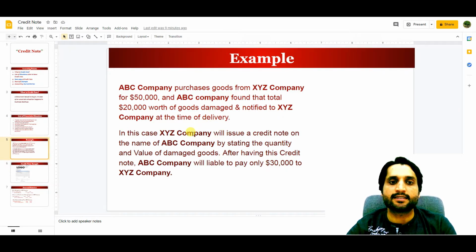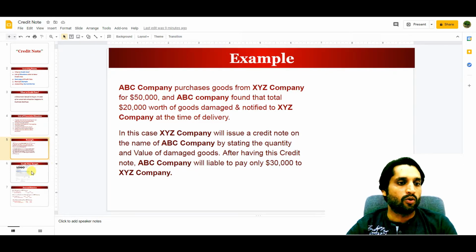In this case, XYZ company will issue a credit note against these damaged goods worth 20,000, stating the quantity and the value of damaged goods. This credit note is submitted to ABC company. After having this credit note, ABC company will only be liable to pay 30,000 to XYZ company.